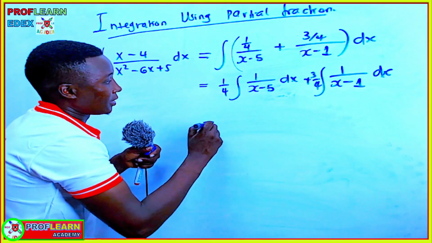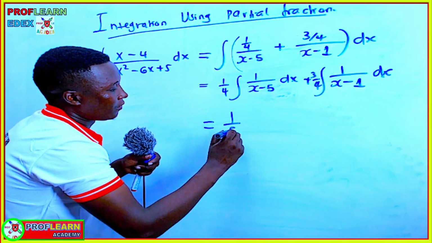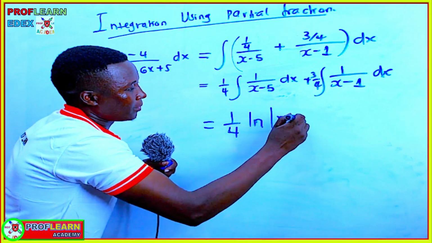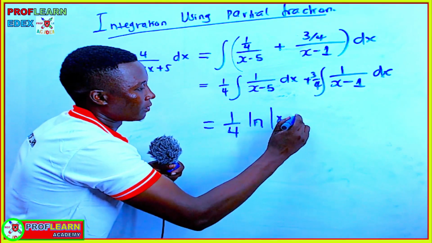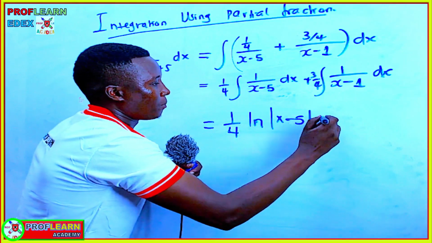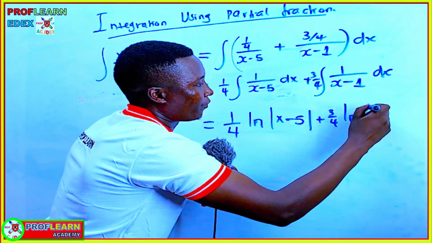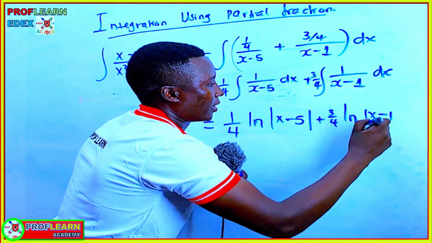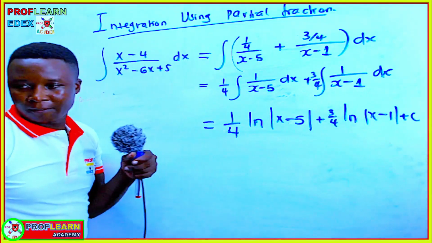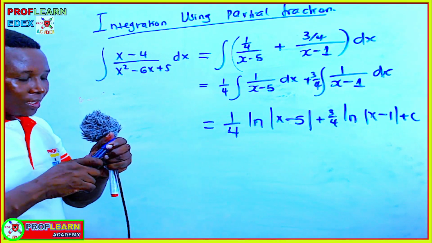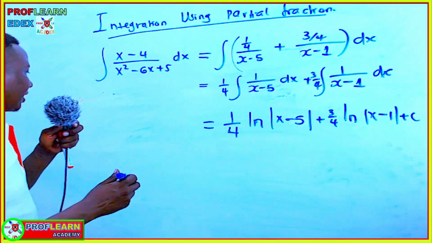So this is going to be 1 over 4 ln of x minus 5 plus 3 over 4 ln of x minus 1, then plus c. So basically, that's what you are supposed to do in that kind of scenario.